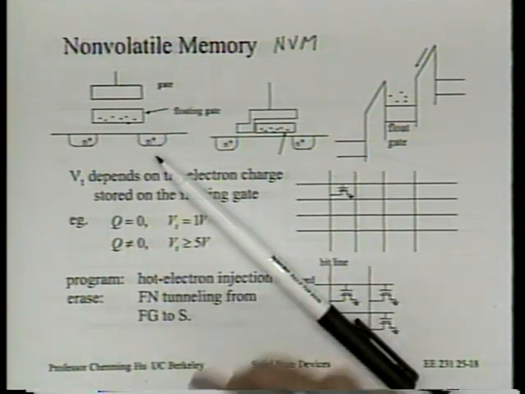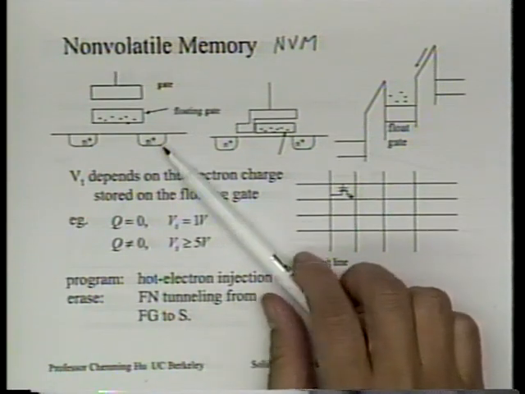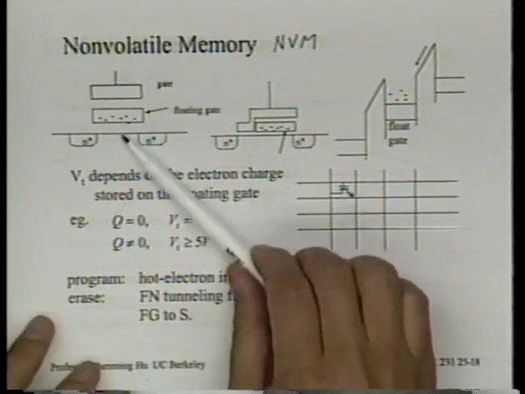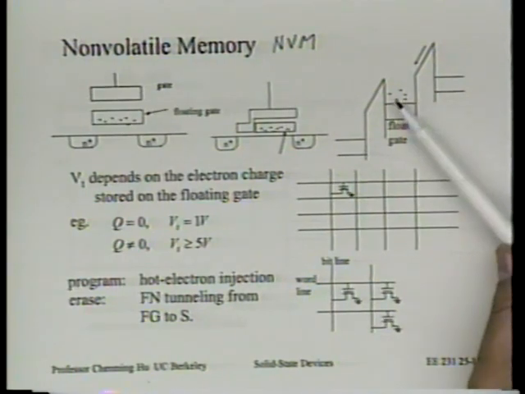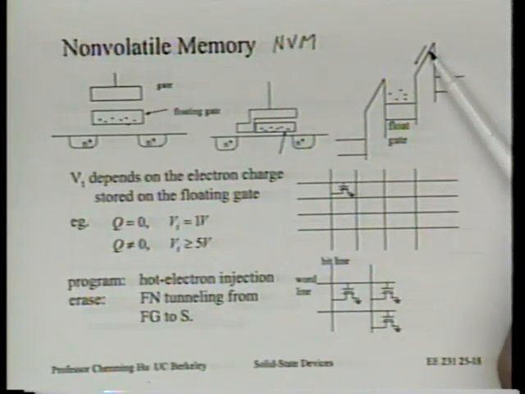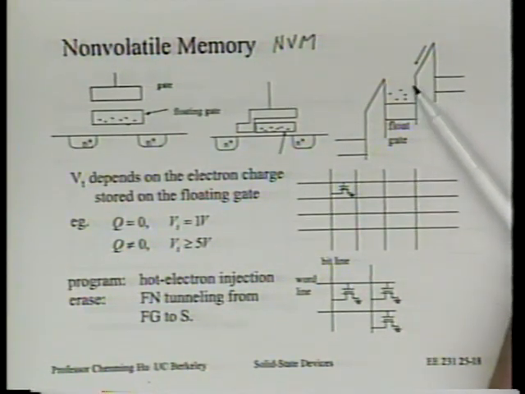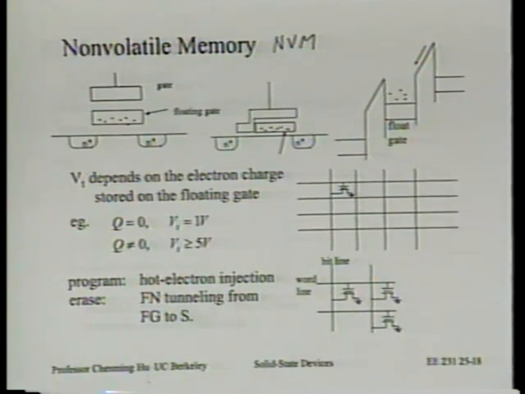Under that condition, because of the very large voltage on the drain, there are a lot of hot electrons created. And you recall, one of the things hot electrons can do is jump over this barrier and flow across this thin oxide and get collected by the floating gate. So this is how we program this memory. We use hot electron injection to program it. Any questions about hot electron programming?